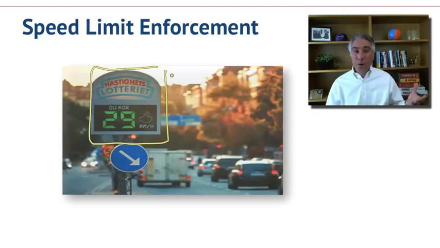Where does the money come from? Well, the money comes from the fines from the people who are caught speeding. Some of that money that would otherwise go to the government goes into a pool, and at some point there's a lottery, and a winner gets picked out of the people who aren't speeding. So Volkswagen actually got the city of Stockholm in Sweden to try this, and the results were actually pretty dramatic.